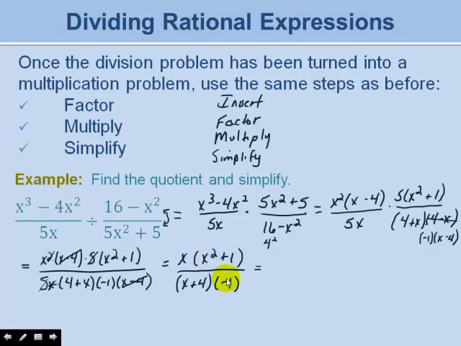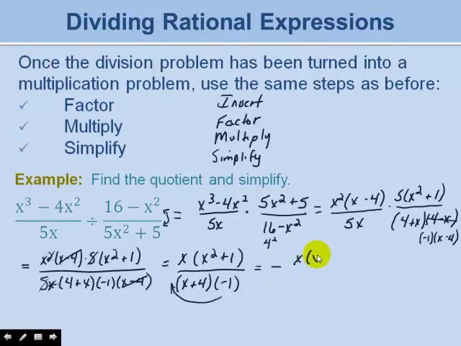Now this negative 1, we can actually write it out in front here, and we could put it in any one of 3 places. We could put it as a negative in the denominator, we could put it as a negative in the numerator, or we could put it all the way out in front of our rational expression. So let's write it that way with the negative all the way out in front.